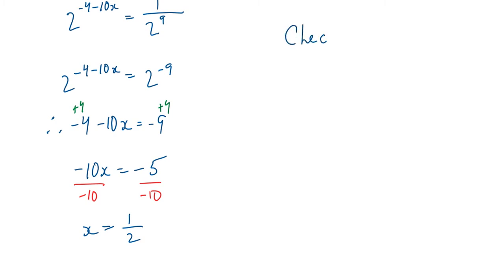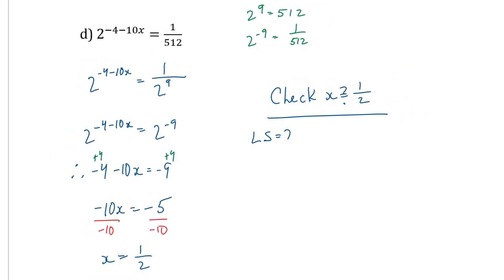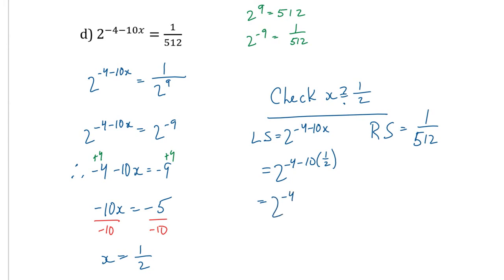And finally, our check for this one. And what was the left side? There it is, 2 to the negative 4 minus 10x. And the right side was just 1 over 512. So again, I don't need to do anything to the right side. To the positive 1/2. 10 times a half is 5.